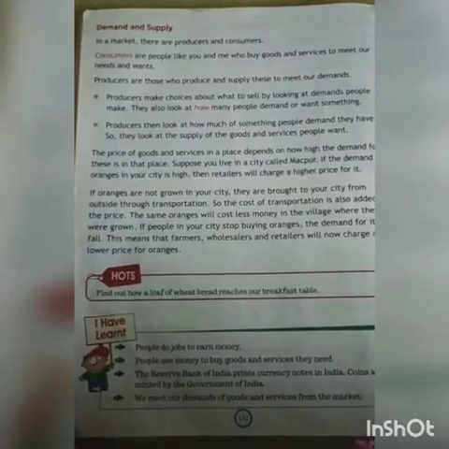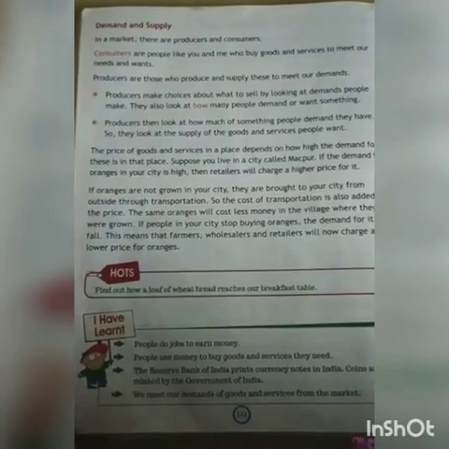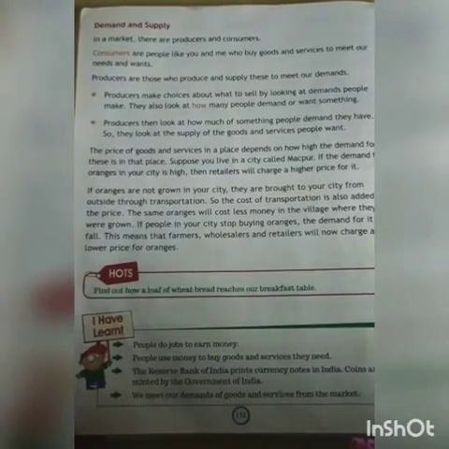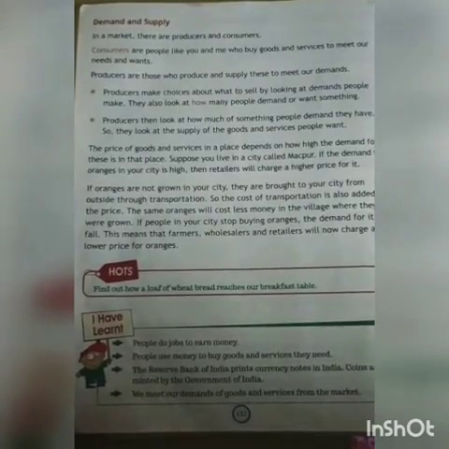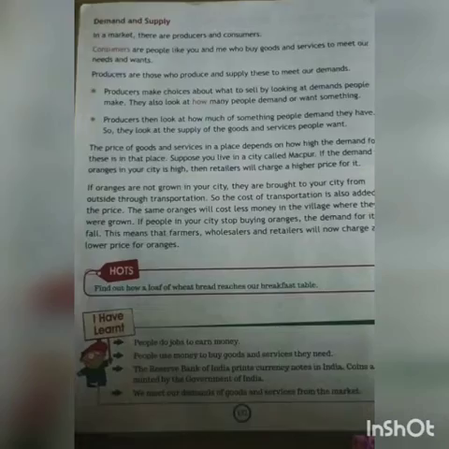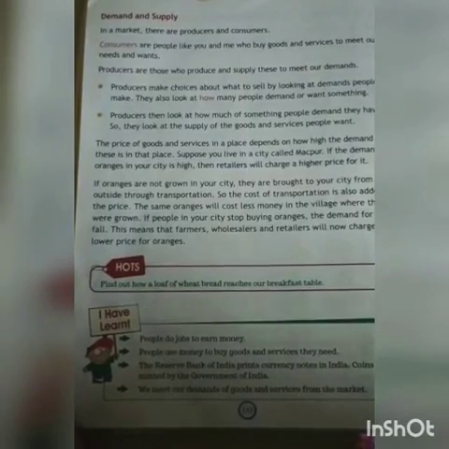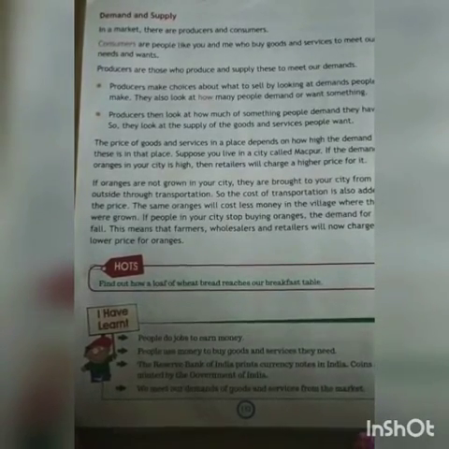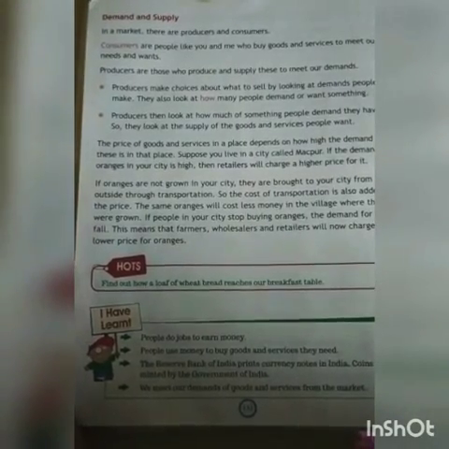If we live in Kashmir, where apples are produced, we all know a vast number of apples are produced in Kashmir, right? So if we live in Kashmir, we get apples at very low cost because we don't have the transportation charge, from apples being carried from Kashmir to Tamil Nadu. So the transportation cost is also added to the cost of the apple.